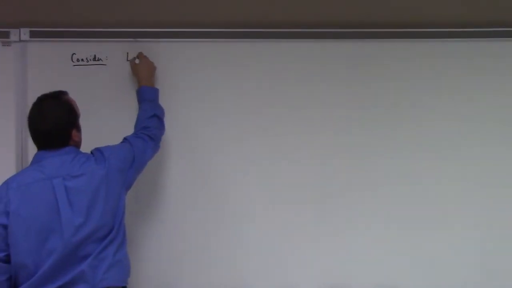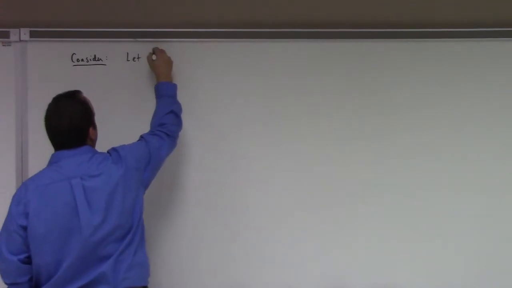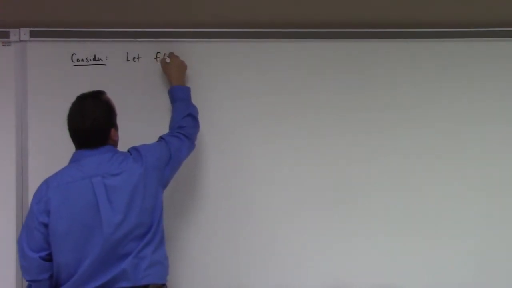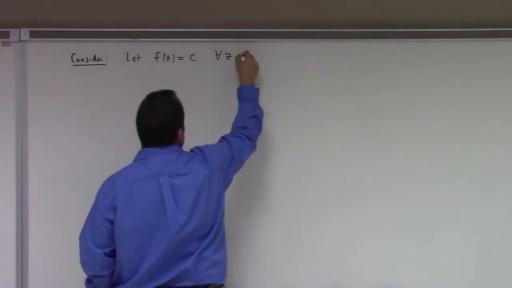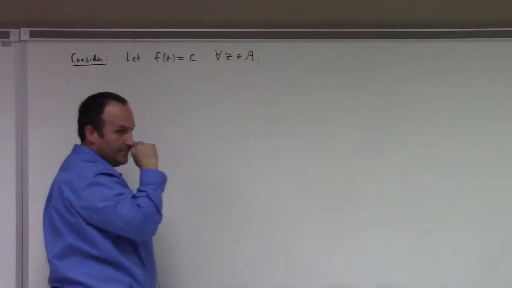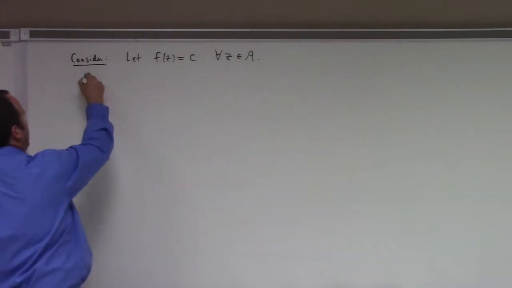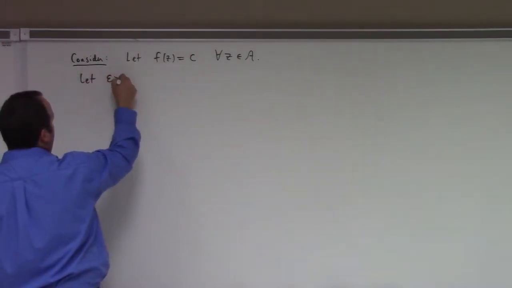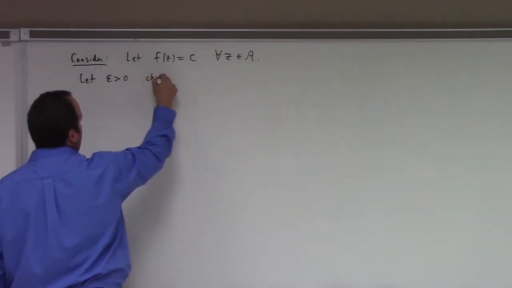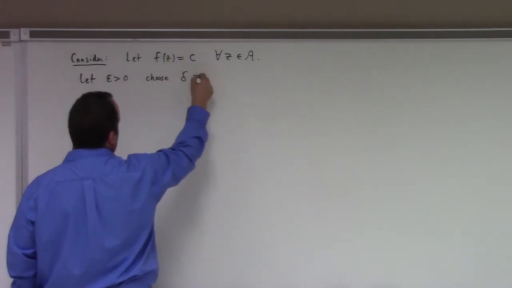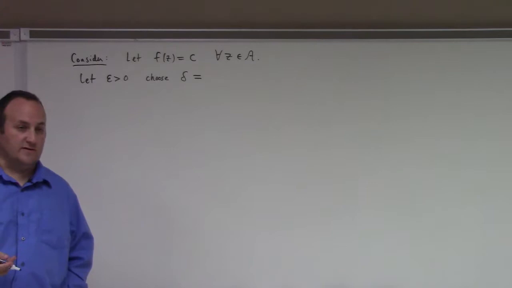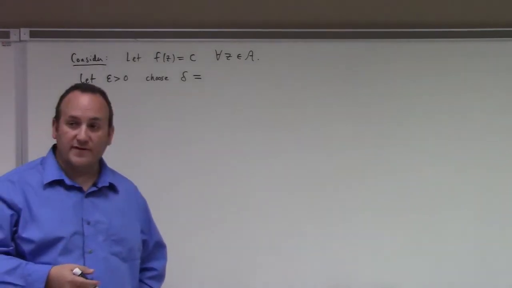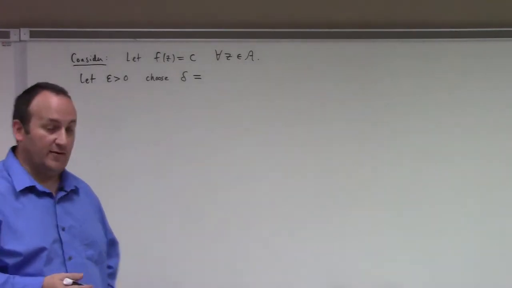Let f(z) equal a constant for all z in A, right? Let epsilon be greater than 0. Choose delta equal to, I can't usually do this, but pick a number, any number. What do you guys want? 5 works.